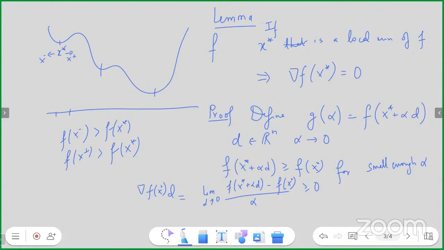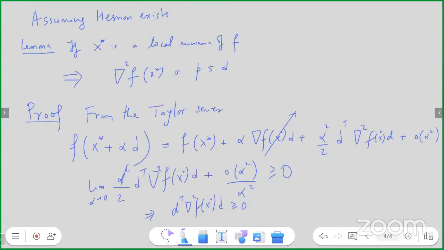That if this is true, then definitely X star is a local minimum. No, that is true, right? If it is a local minimum, then the Hessian will be PSD. Yes. I'm talking about the converse.